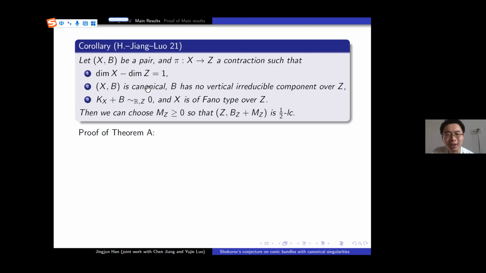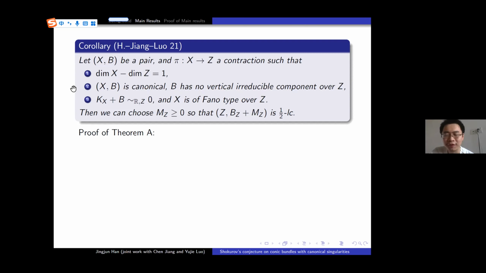Because (X, B) is canonical, for any exceptional divisor over X, its log discrepancy is larger than or equal to 1. And for any prime divisor on X, since B has no vertical irreducible component over Z, this implies the MLD of any prime divisor on X with respect to this relative pair is larger than or equal to 1.